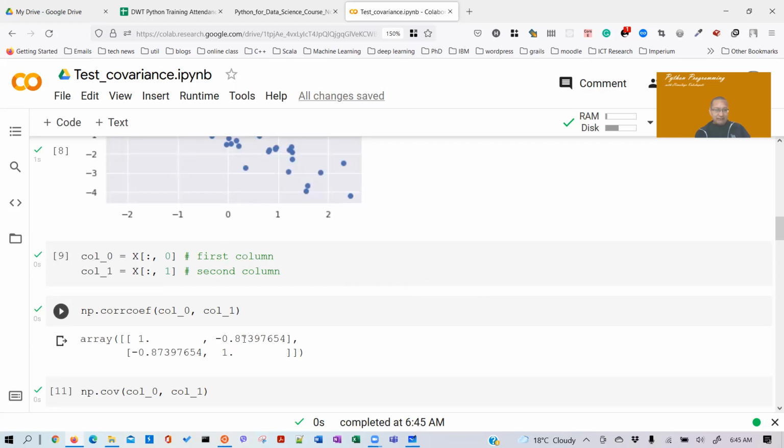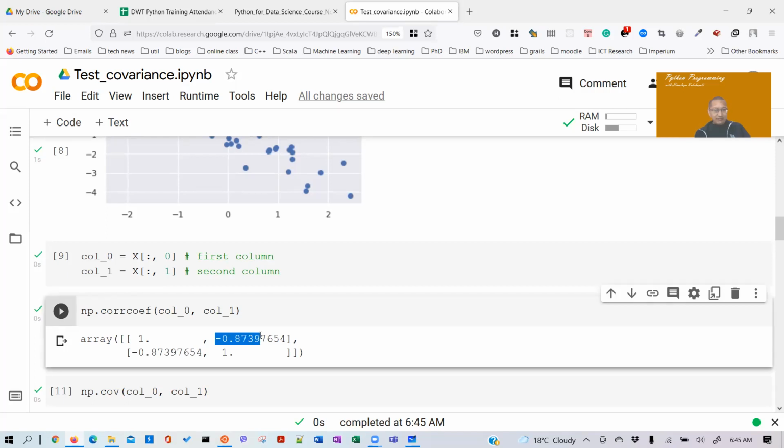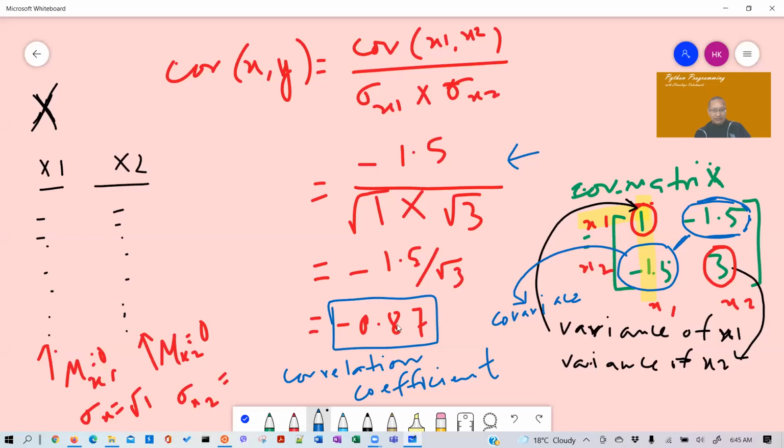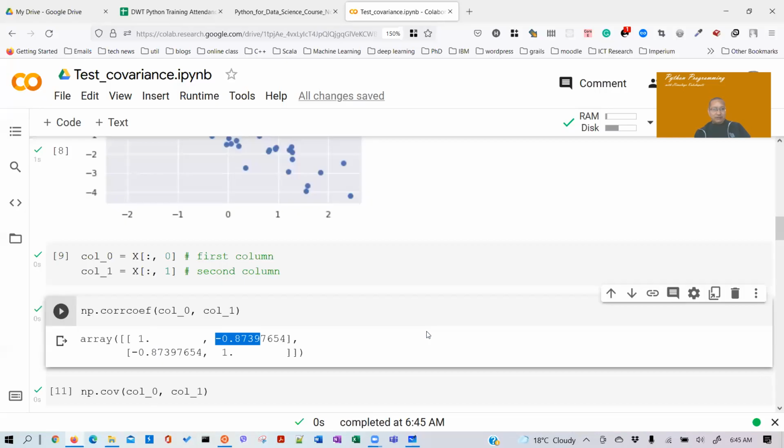Minus 0.87. Right? Column 0, which is x1, and column 1, x2. So the correlation coefficient between column 0 and column 1 is minus 0.87, which is what we got here. Okay, so that's how it works out.